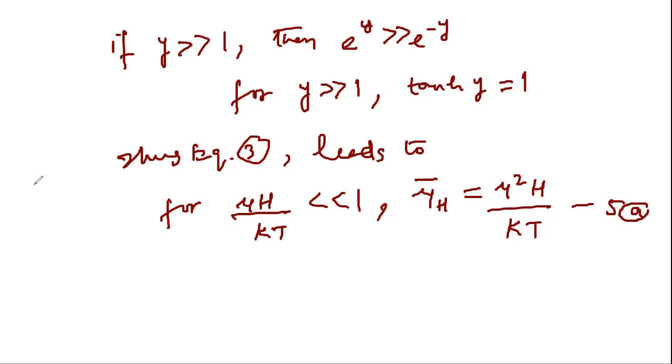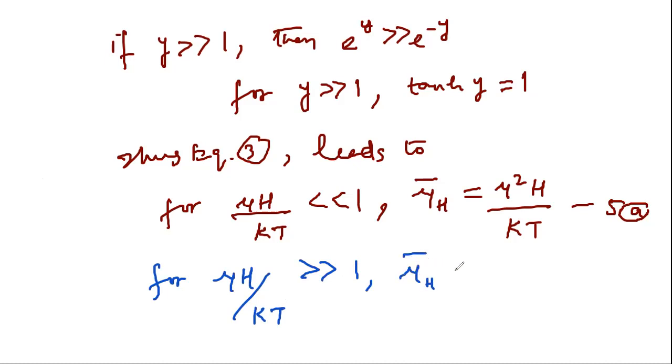I will use another color here. For mu h by kT much greater than 1, we get mu h bar is equal to mu. I name this equation 5b.